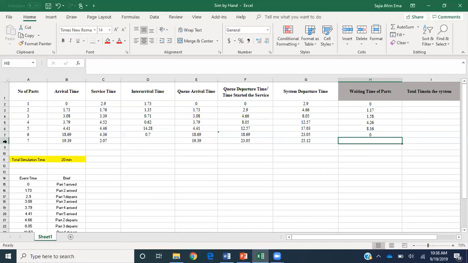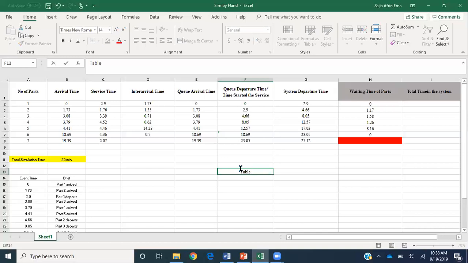Because at 20 minutes, part 7 hasn't completed its queue time yet, because it's still in the queue. At 23.05 minutes, it will leave the queue. So we are not getting this number here. So I'll just highlight it in red. So based on this, let's go ahead and try to calculate some output statistics. Okay.